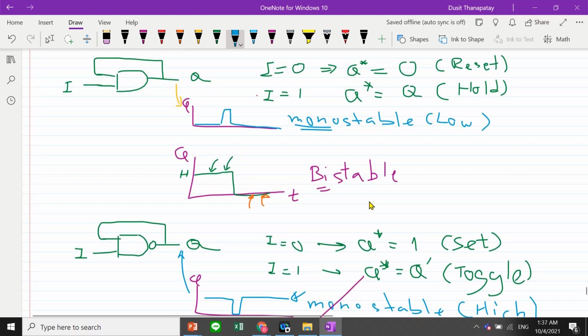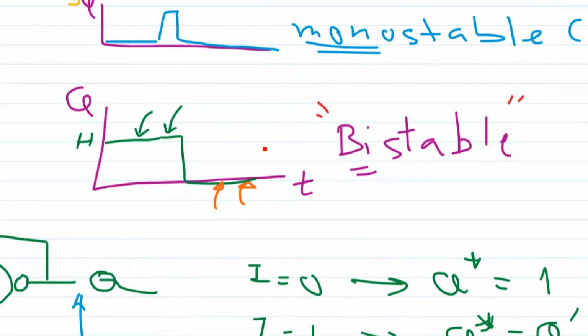So for a bistable circuit, you can use it as memory, right? Because if you know the current value, for example, at this point of time, now the circuit is bistable.